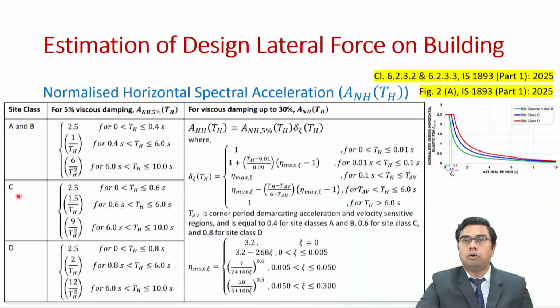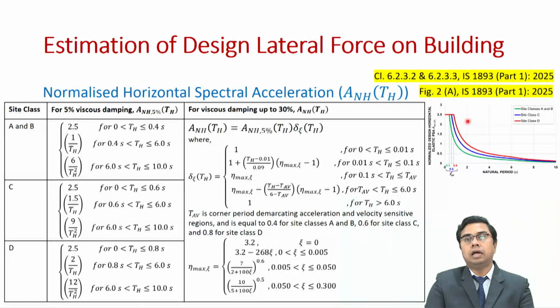We also have plots for site classes C and D, but the plot is not available for site class E. In site class E, you need to first go for soil improvement or ground improvement techniques before we perform the seismic design of the buildings.